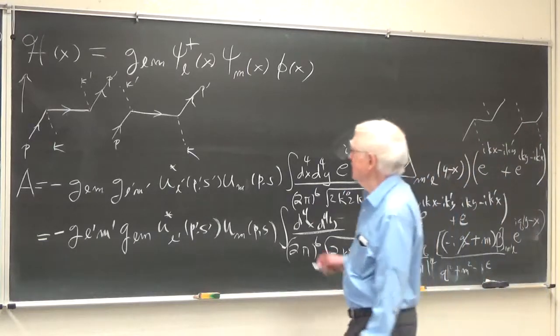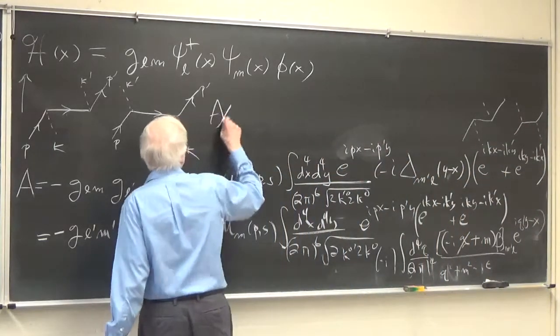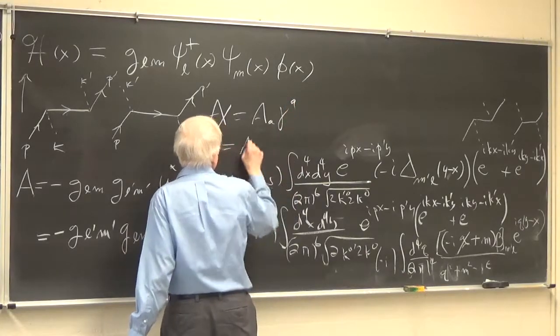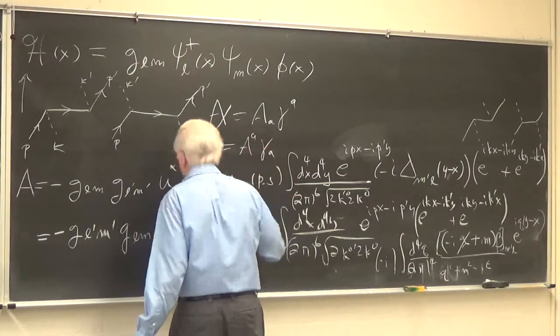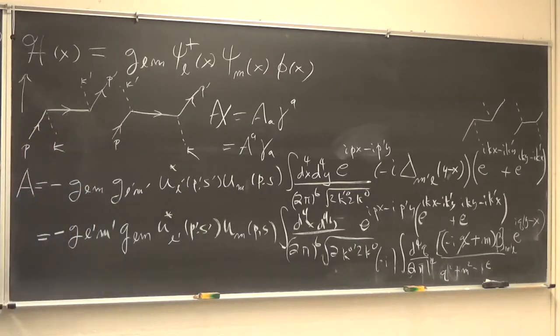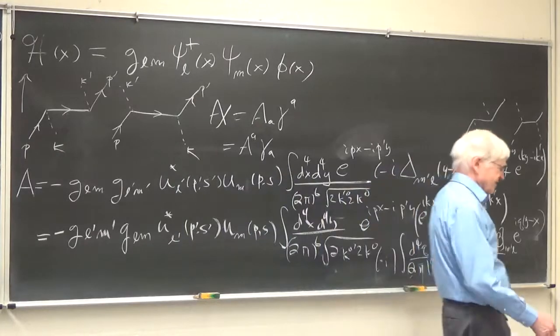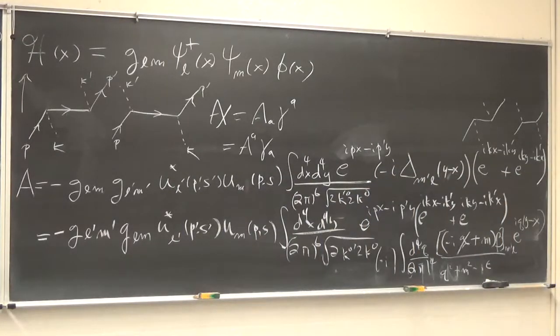The slash notation is a slash is a gamma a, which of course is the same thing as a gamma a. And remember, in the metric with 3 plus signs and only 1 minus sign, it's only the 0 component that flips sign when you raise or lower.